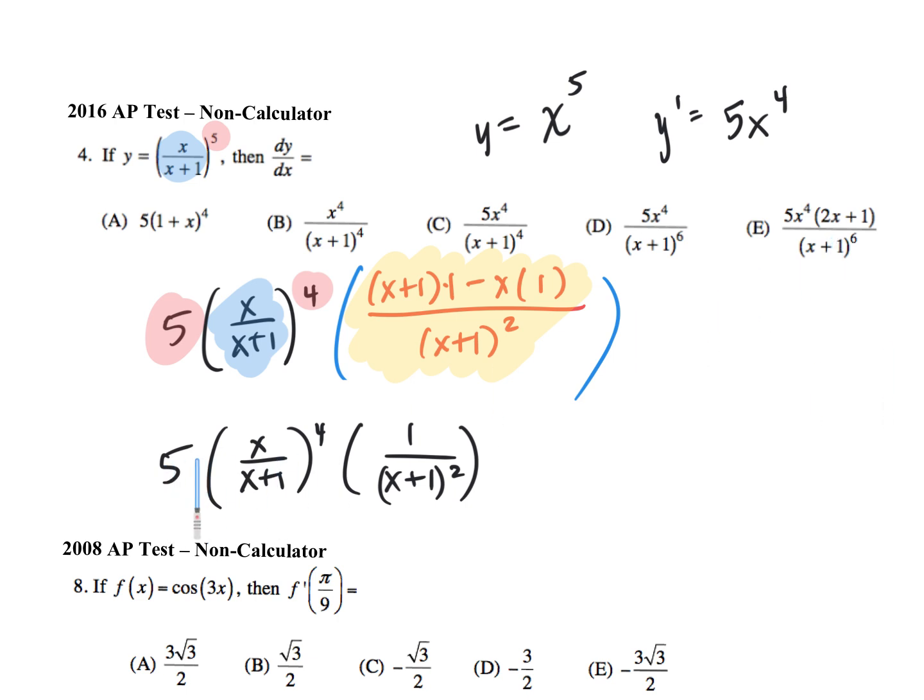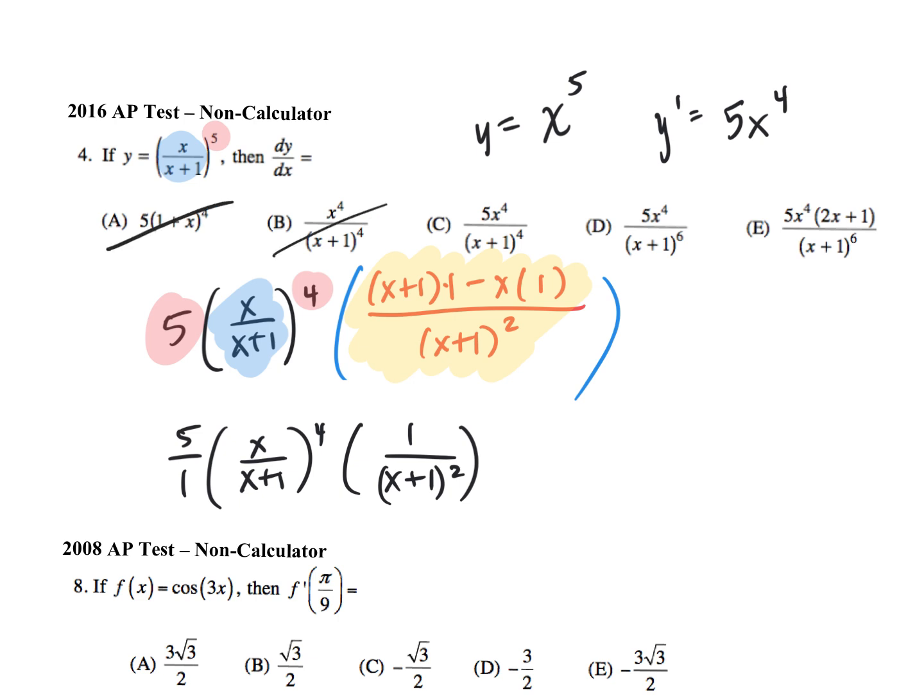If we put all of these as fractions, instead of 5, this could really be rewritten as 5 over 1. Yeah, and you're saying, oh, well, this to the 4th goes to the top and to the bottom. So this is really a 5x to the 4th on the top. Is that looking like any of these? Okay, C, D, or E potentially. 5, C, D, or E, because I got a 5x to the 4th.